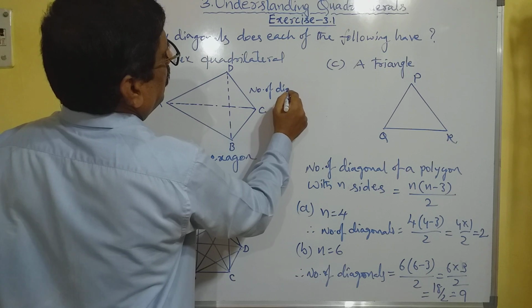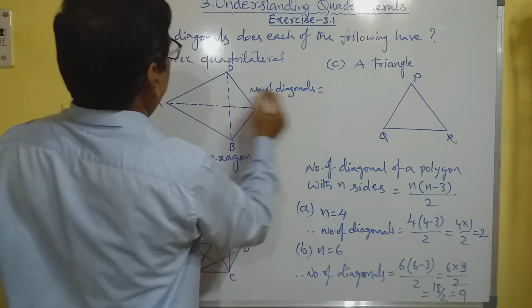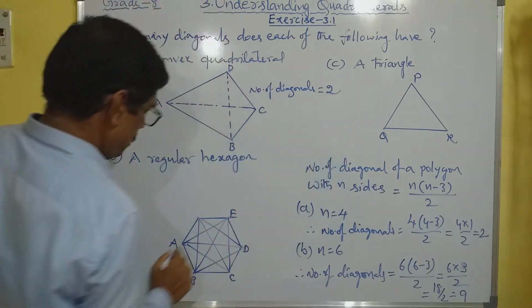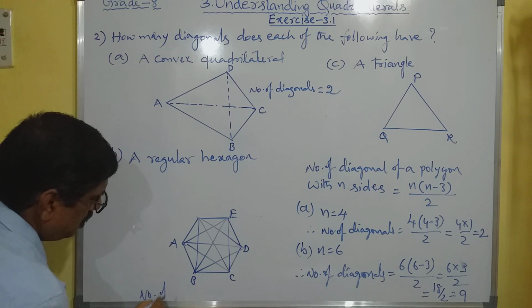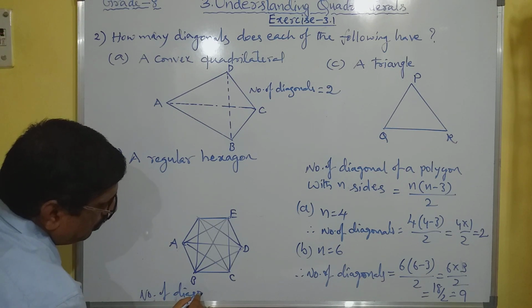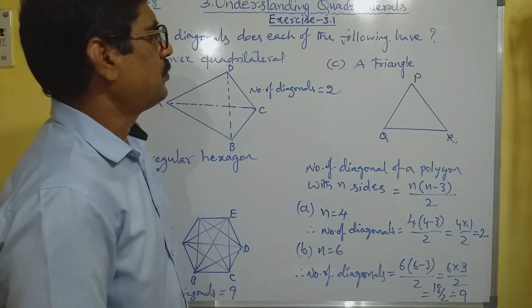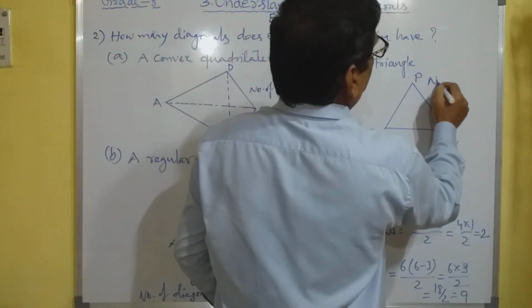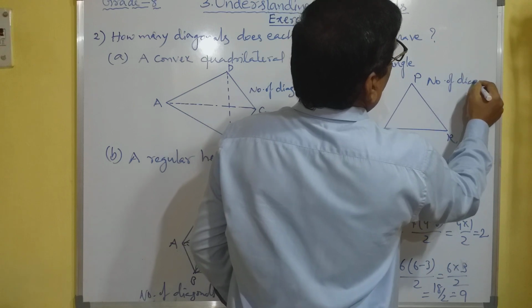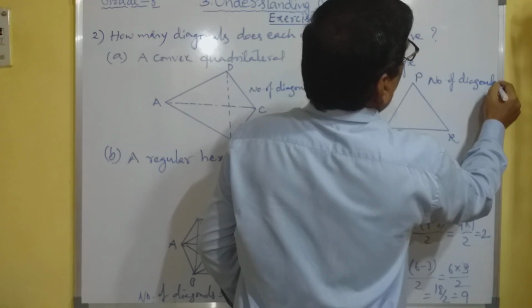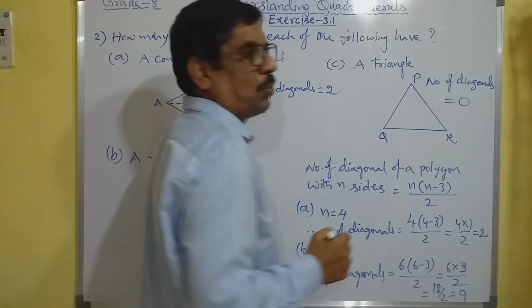How many diagonals for the quadrilateral? 2. Here the number of diagonals is equal to 9. We have checked also. And here the number of diagonals is equal to 0.